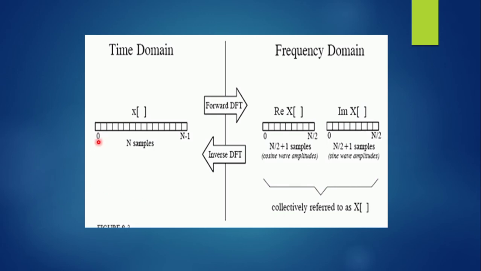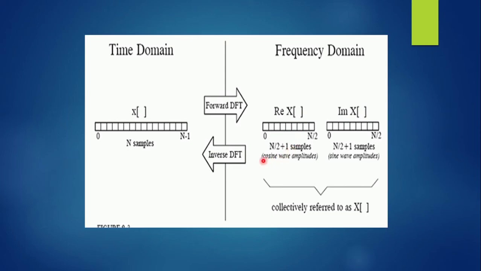Now suppose this is a signal having how many samples? N number of samples. It will be broken into 0 to N/2 discrete samples. That is called the real part of the DFT.